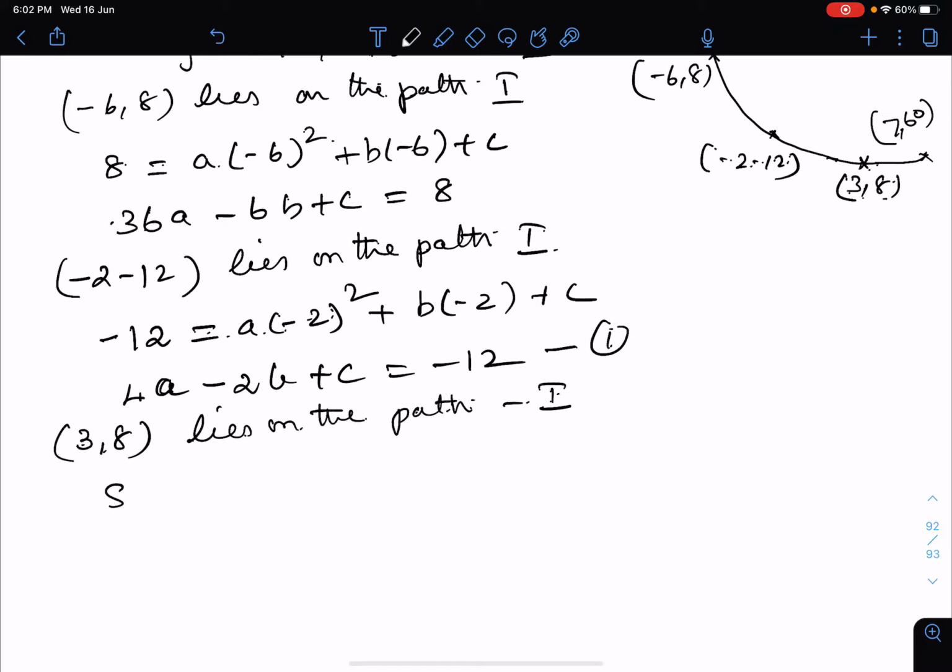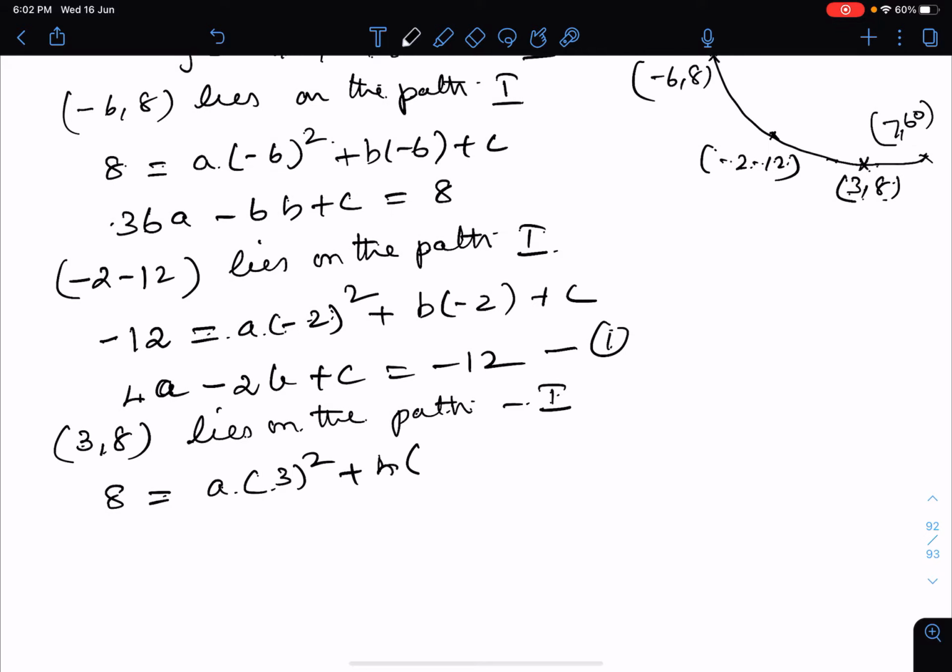So again substituting, 8 equal to A into 3 square plus B into 3 plus C. So 9A plus 3B plus C equal to 8. Out of these 3 equations, we don't have 1 anywhere, so I will take this 4A minus 2B as the first equation, and then this is going to be our second equation, and this is going to be our third equation.